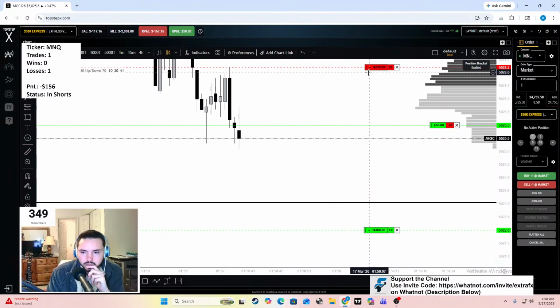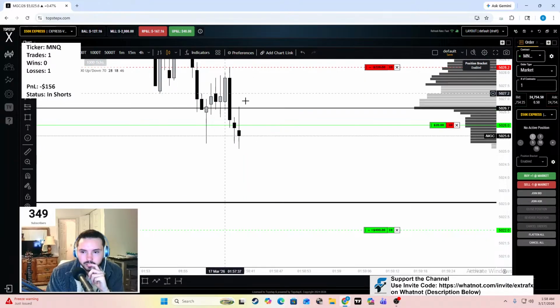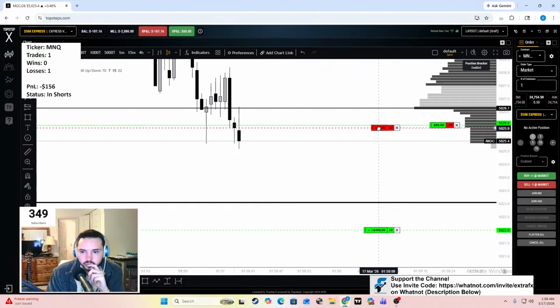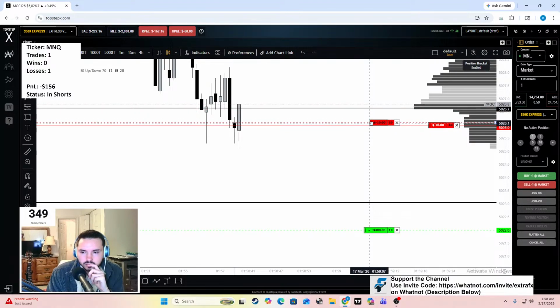But we can play this pretty safe. The fact we have an order block right there. This is just, I'm forcing a trade again. Not a good trade.